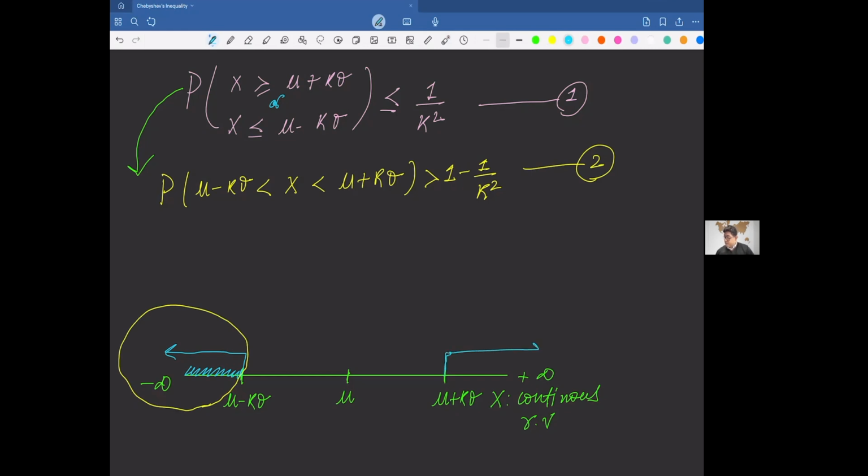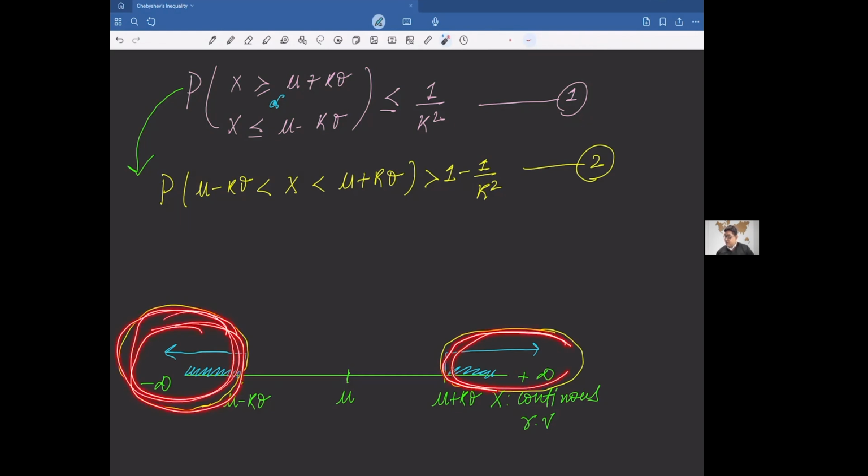That means this whole region, if I circle it, is mu plus k sigma to plus infinity. So the probability of this region plus the probability of this whole region is less than 1 by k square. That's what it is saying.